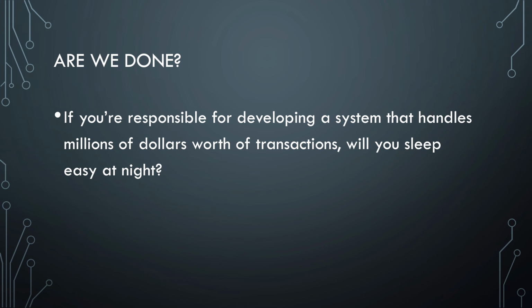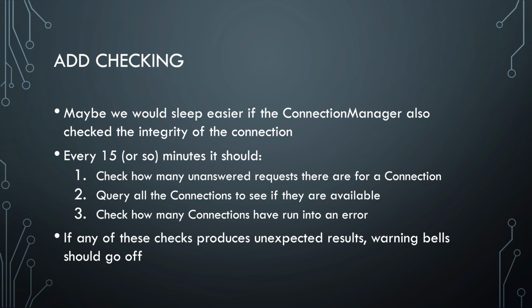If the system is handling millions of dollars of transactions, you might want to do more than this. The connection manager could periodically check that each connection is still valid. For example, every 15 minutes, you could check for unanswered requests from a connection, query connections whether they're still available, check if connections have run into an error, and so on.